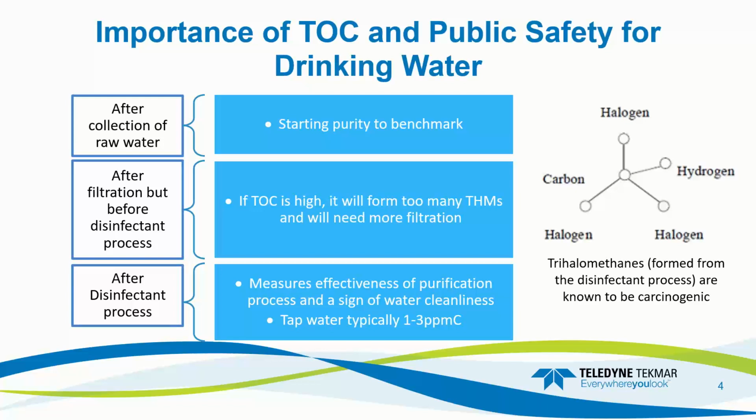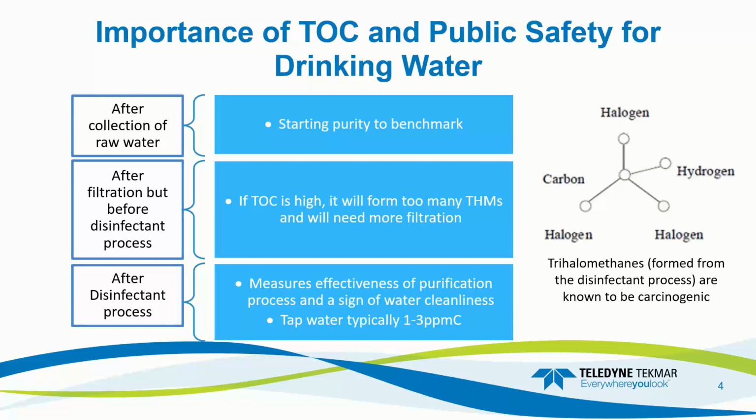If there are high carbon concentrations, it could interact with some of this cleaning material, it could form the THMs, and they could be also known as carcinogenic. So we want to make sure we have very low levels of carbon and other chemicals in our water. So we continuously monitor this throughout the filtration process. If we see certain levels are too high, we're going to have to go back and remediate more.